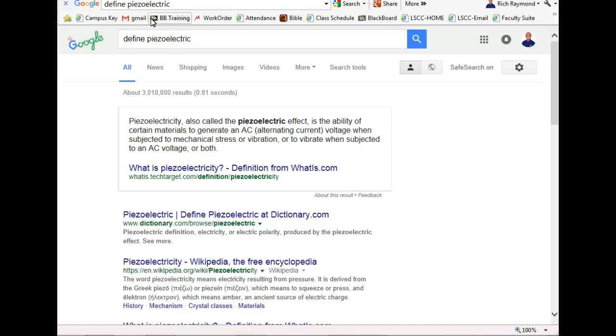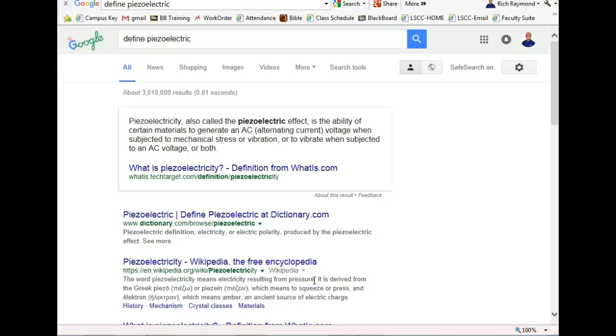So I don't see just piezo. Piezo means it does something with pressure. So piezoelectric generates an electrical pulse with pressure, right? Piezo-resistive would change its resistance with pressure. The only definition I see is that piezo means something resulting from pressure.